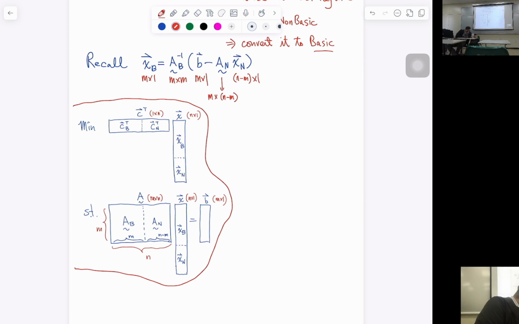Now, what do we do? We will rewrite this equation into the following form. Okay, so xB plus AB inverse AN xN equals to AB inverse and small b.